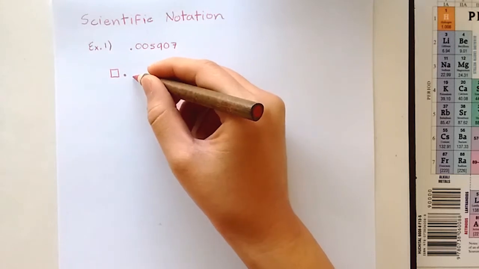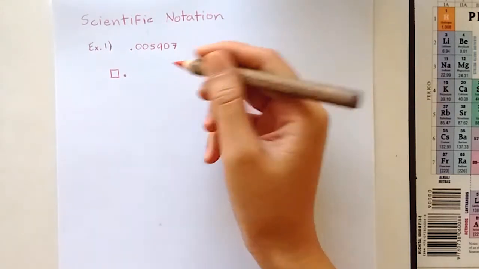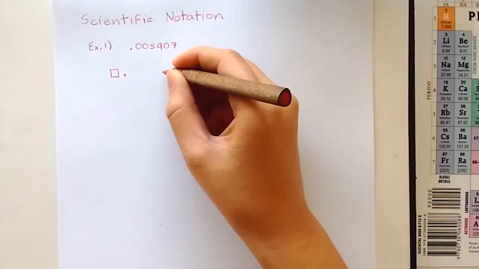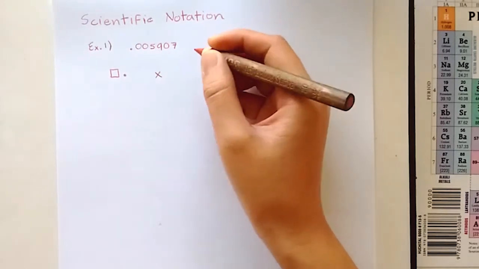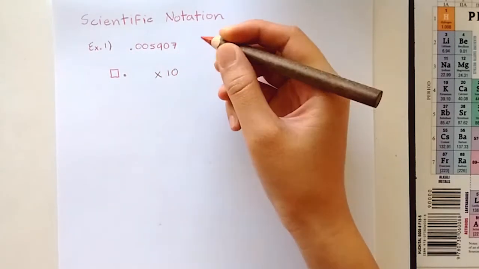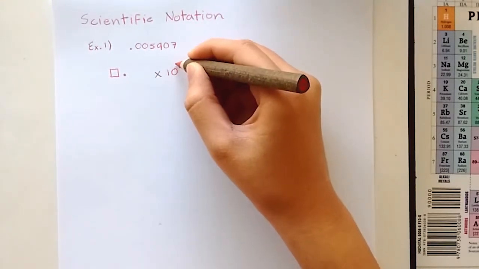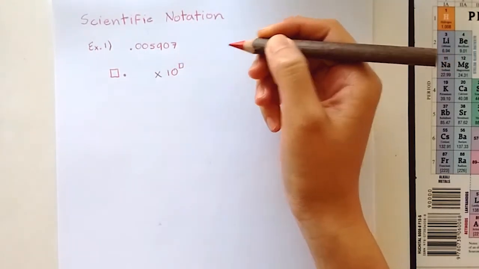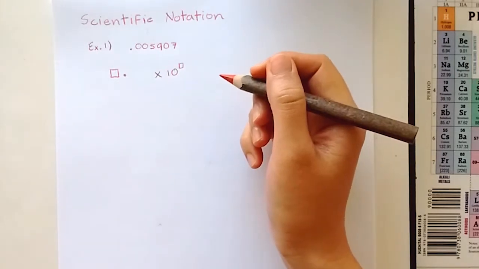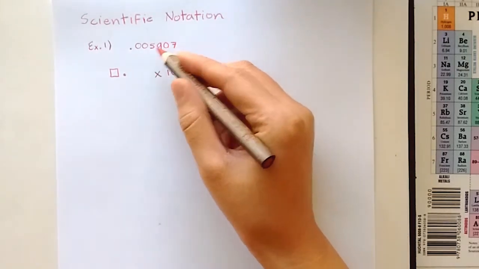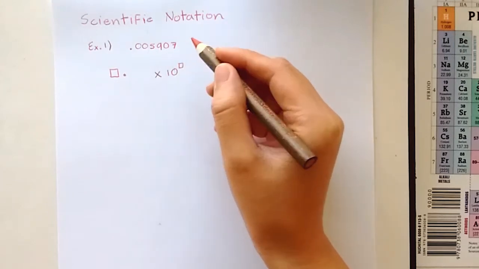It could be 1, 2, 3, 4, and so on, depending on the case. And you'll have a multiplication sign with a 10, and you'll have a number here. This number here can be positive or negative, depending on the case. It has to be correct according to the original value.